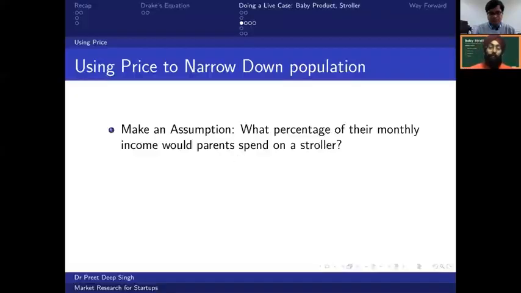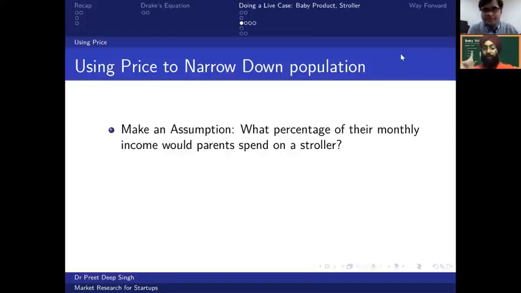Okay, we'll just look at one aspect right now and we'll see how we can narrow down our population based on that. Remember how in Drake's equation, we used intelligent civilization, civilization that will invent communication and all that. In this case, let us look at your price point, right? Let's say we have a price point of 25,000, very super premium, amazing product, right?